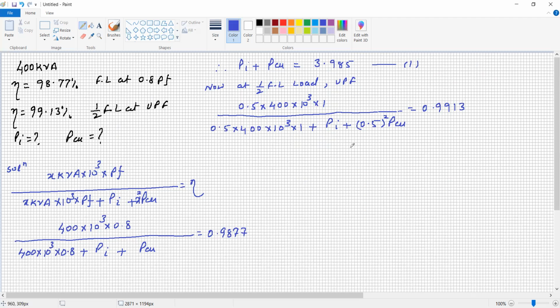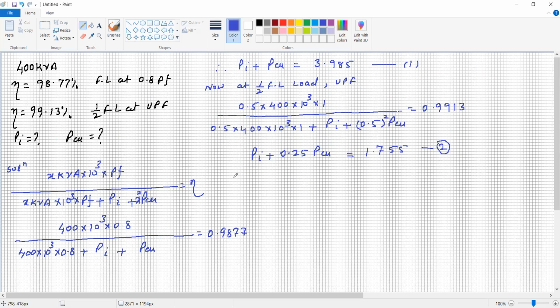So from this one, Pi plus 0.5 square, 0.25 PCU, is equal to 1.755. Say this equation number 2.